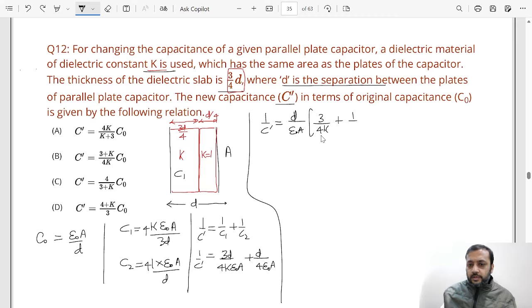In fact, 4 also we can take out. So 4 epsilon naught A by d has come out, leaving 3 by K plus 1.